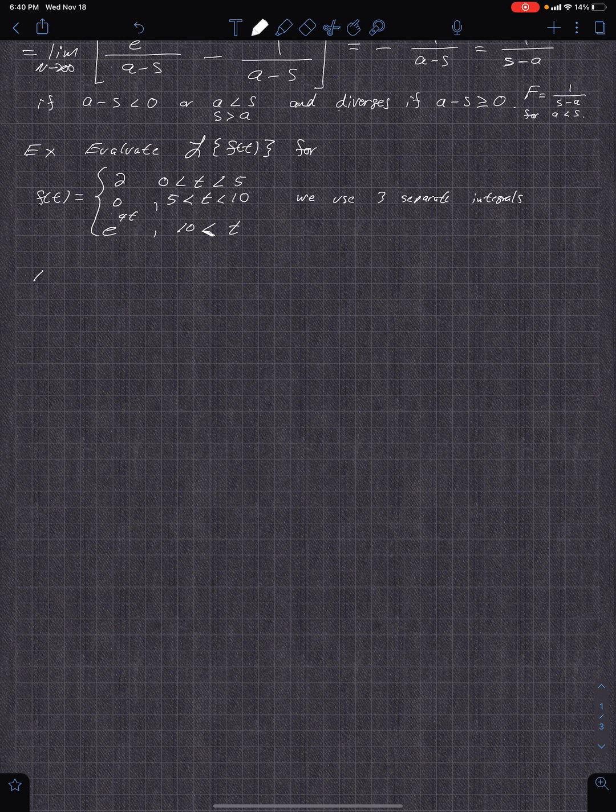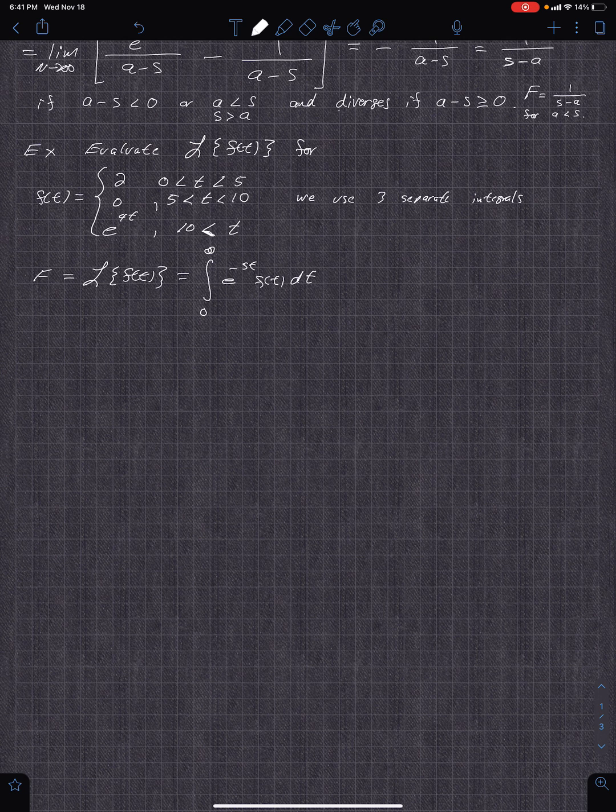So you get F is equal to the Laplace transform of f of t. And so you're going to get just 2 for the first piece, so your f of t would look like this. You'd say it's the integral from 0 to infinity of e to the negative s t f of t dt.